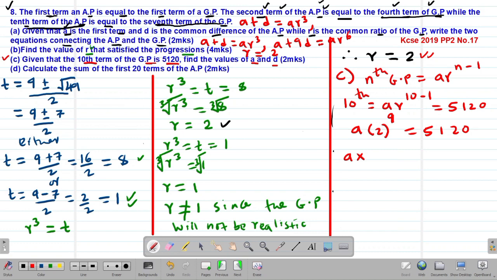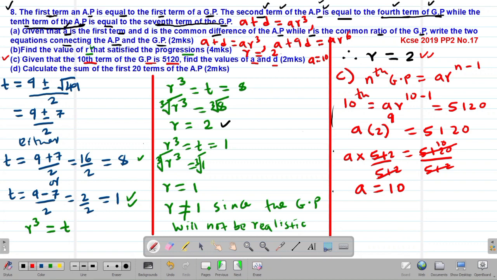If you feed 2 power 9 on your calculator, you'll get 512. So 512A is equal to 5120. If I divide through by 512, of course, the value of A will be 10, since 512 will go into 5120 10 times. Therefore, our first term A is equal to 10.